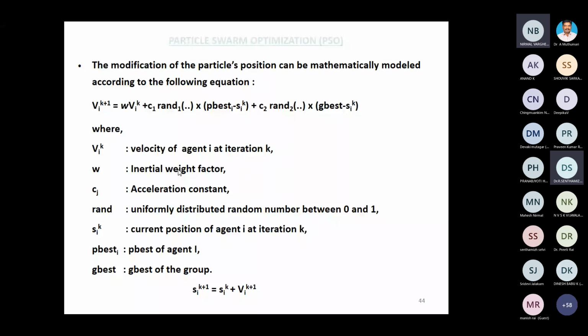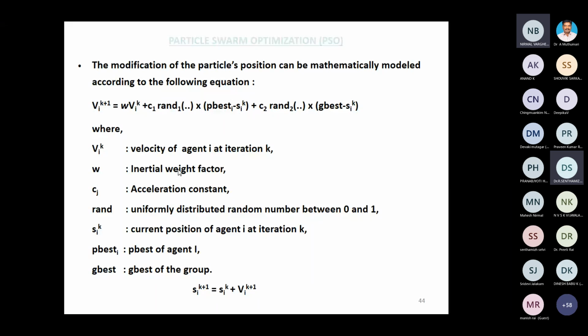This inertial weight factor, together with velocity and acceleration, keeps the local best and the global best at the optimum extent, so that your error comes down as much as possible. That is the inertial weight factor setup. It will be selected by the user externally.